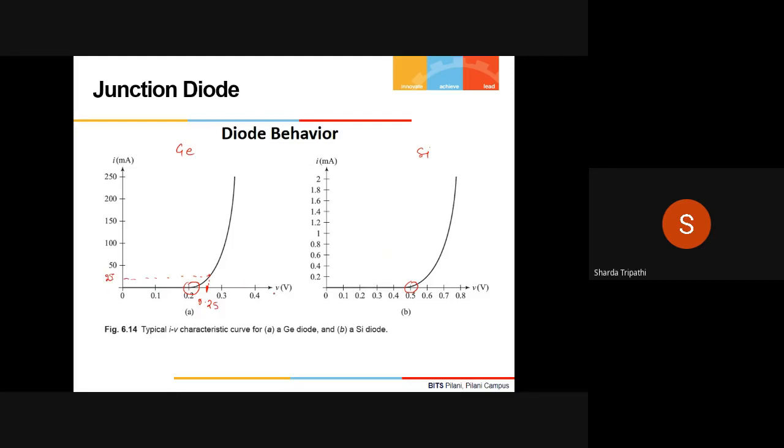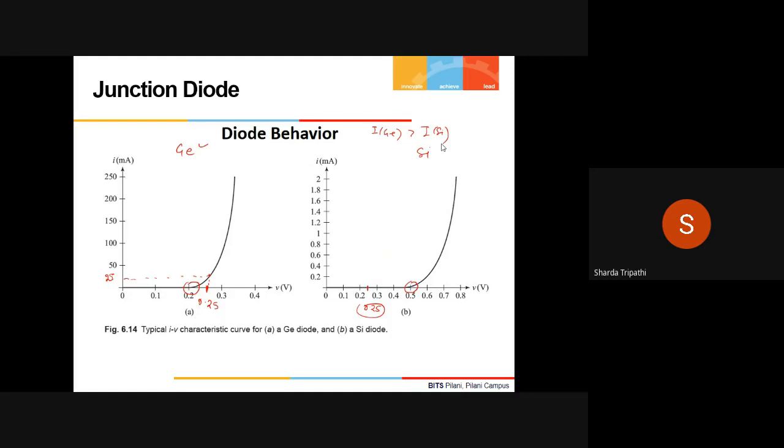So at 0.25 volts, the value of current in the germanium diode is 25 milliamperes. But if you see over here for 0.25, what is the current that is flowing in the silicon diode? It's almost negligible. That means for a given value of voltage anywhere on the x-axis, the current flowing through the germanium diode is more than the current that flows through the silicon diode.